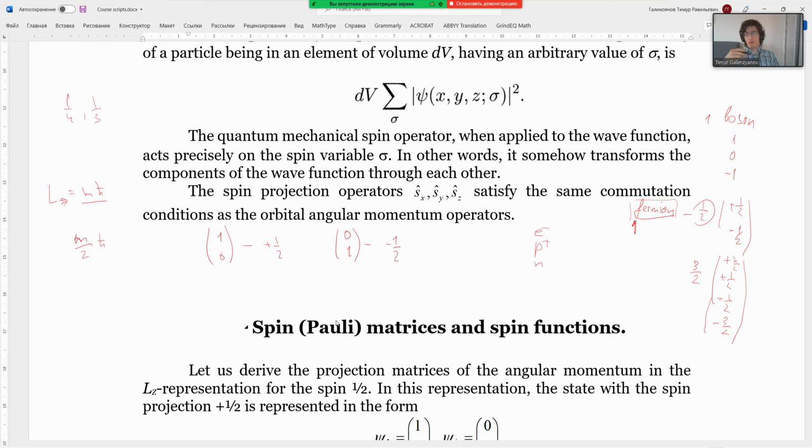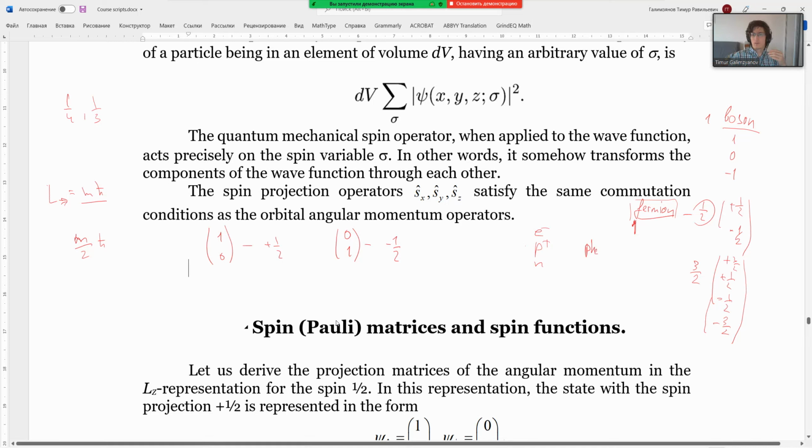However, what are the bosons? If we are speaking about elementary particles, the bosons represent the particles that are responsible for interaction. Let's say photons are bosons.